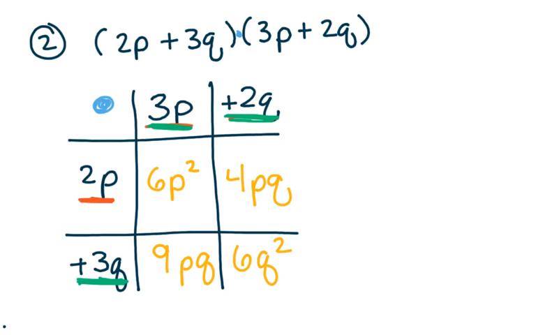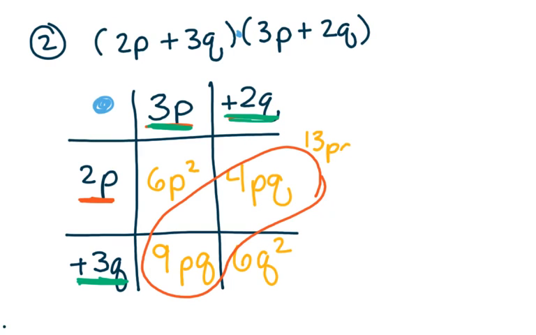In this problem, along my diagonals, I can still combine my like terms, the like term being pq. So 9 plus 6 is 15pq. So my final answer written in standard form would be 6p squared plus 6q squared plus 13pq.